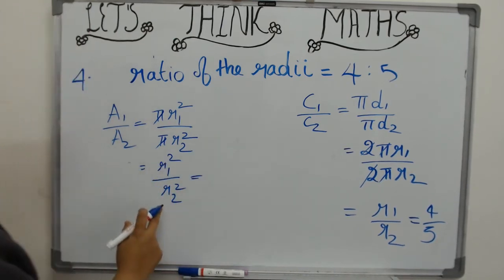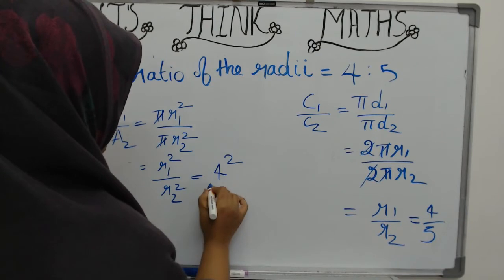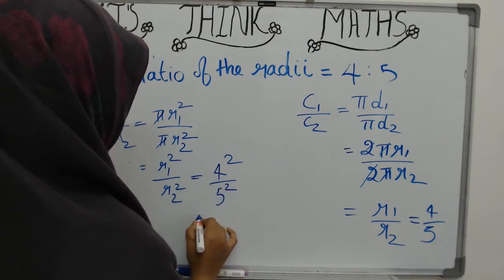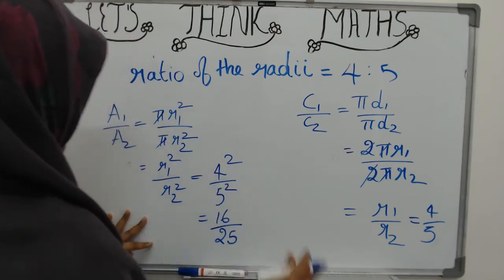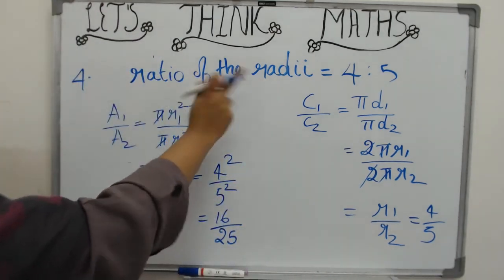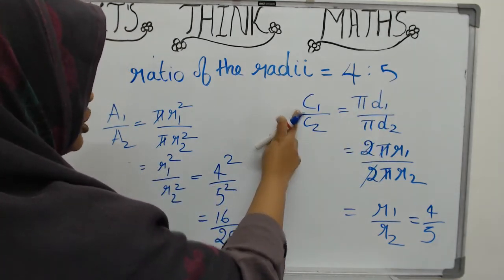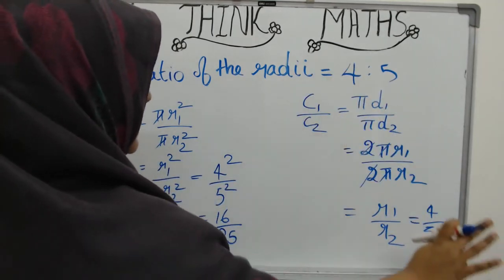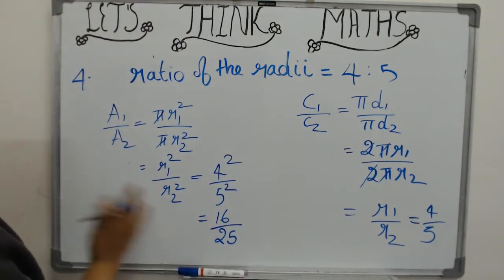But we know that R1 by R2 is 4 by 5. So R1 square by R2 square will be 4 square by 5 square, that is 16 by 25. So if the ratio of the radii is 4:5, then the ratio of the circumference will be the same as the radius, 4:5. But the ratio of the area will be 16:25.